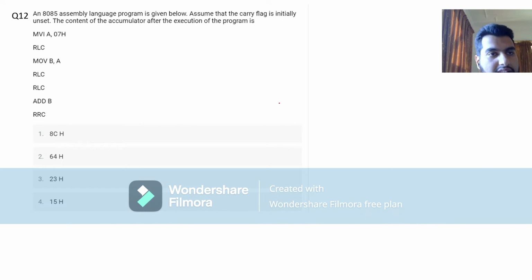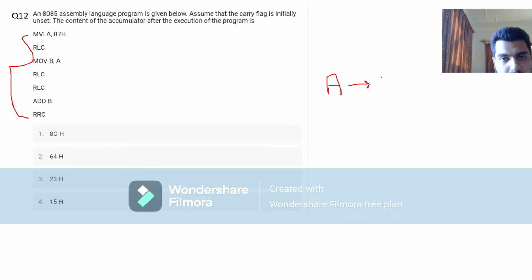Now we have question number 12. It says an 8085 assembly language program is given below. Assume that the carry flag is initially unset. The contents of the accumulator after the execution of the following program is. We are given this program, and we are required to find the contents of the accumulator after its execution. We start with the first instruction, MVI A, 07 hex.